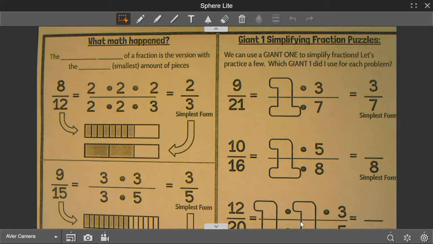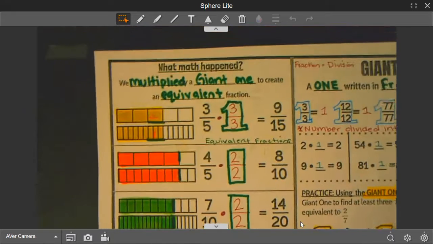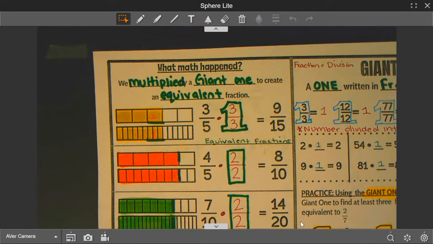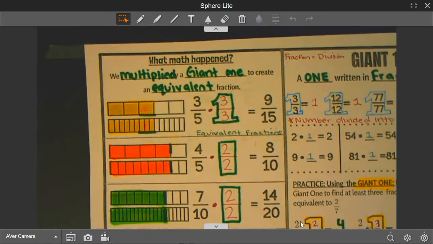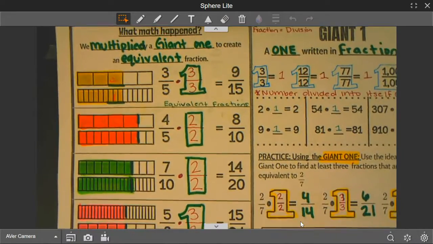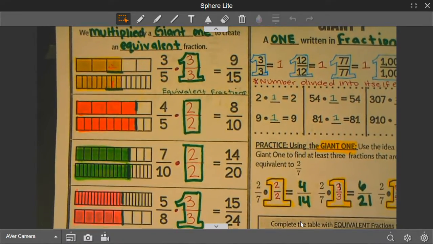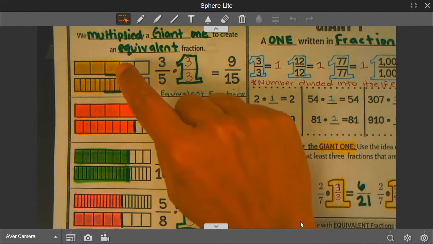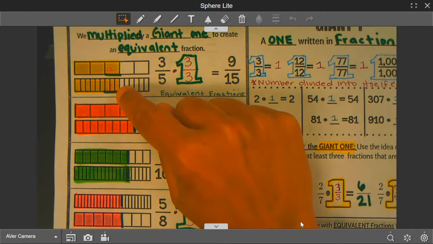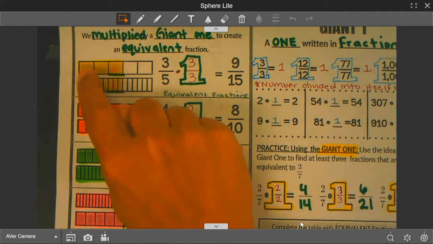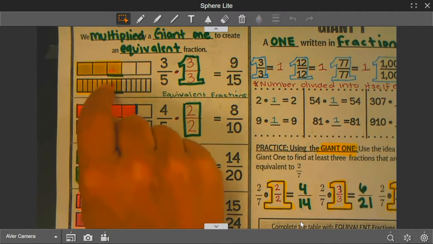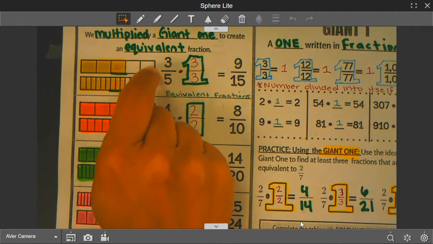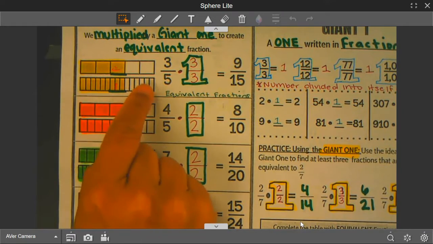All right, kiddos. Before I go into today's lesson, I'm going to go back to yesterday's notes for a quick review. Yesterday, we took a look at equivalent fractions and noticed how 3/5 and 9/15 are equivalent. The same amount is shaded, 3 out of 5 pieces, as well as 9 out of 15.